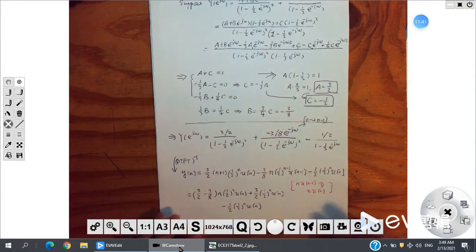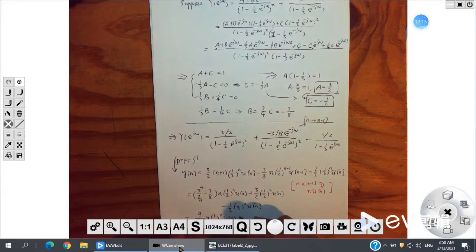Alright, we need to add these two together. Times 4 in both numerator and denominator, that will be 12, right? Times 4 times 4, so the denominator will be 8, the numerator will be 12. 12 minus 3, I get 9. This is 9 over 8 n, and 1/2 to the n u of n.